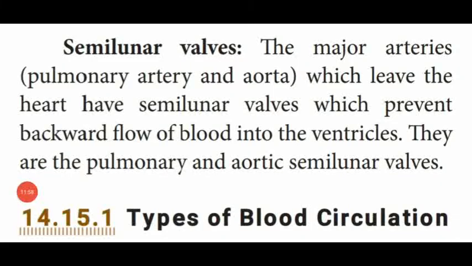Dear students, in the previous page we have seen 2 types of valve, that is the right atrioventricular valve and left atrioventricular valve. The third one is, what is that one? Semilunar valves. These valves are located at the base of the pulmonary artery and aorta.